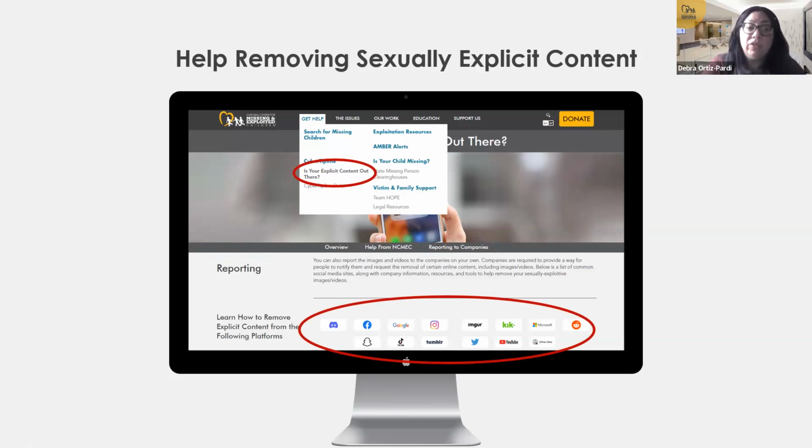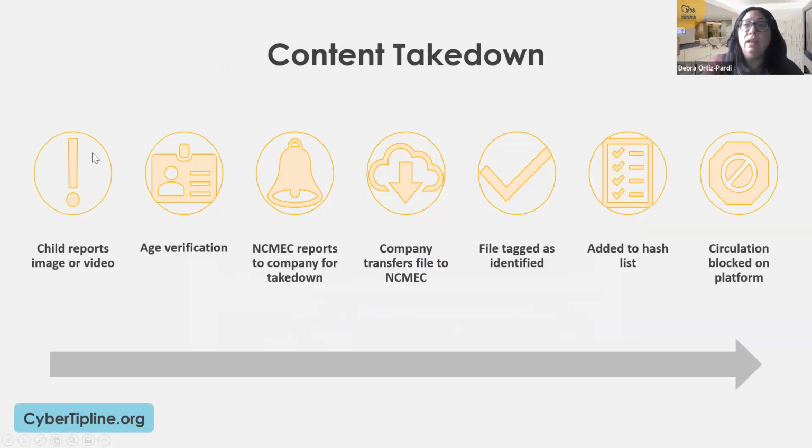So if they think their image is circulating or has been posted on one of these apps, this will give them step-by-step of how they can request to have it removed. So it's a proactive way that they're able to take steps to minimize their content being circulated online.